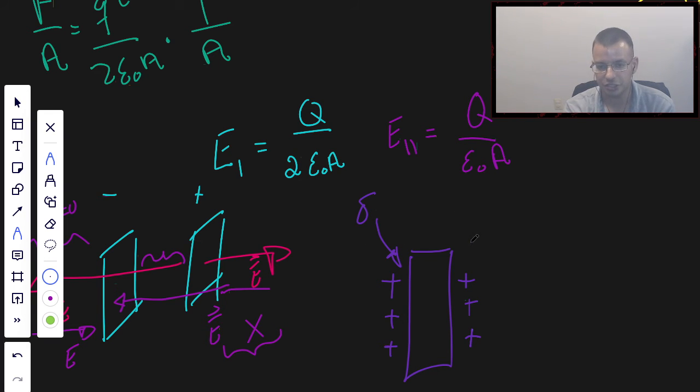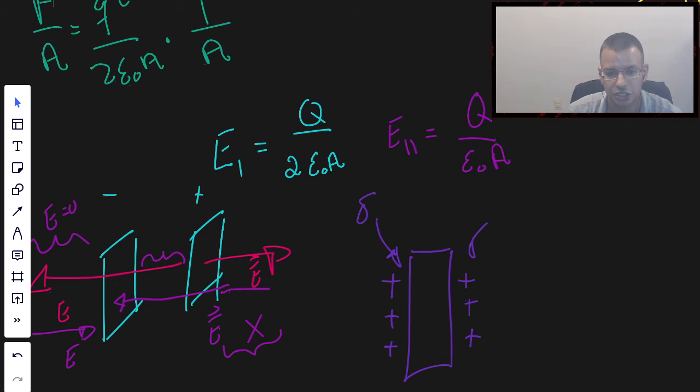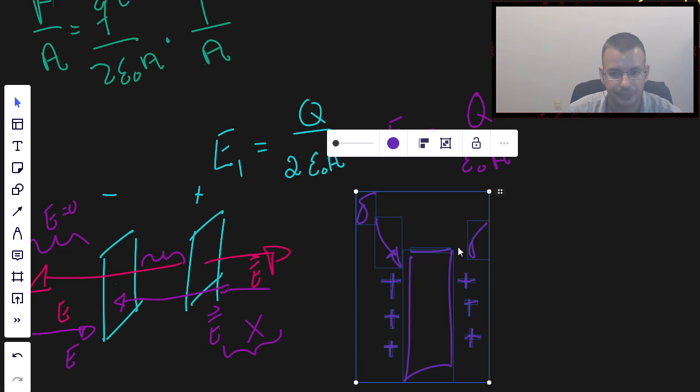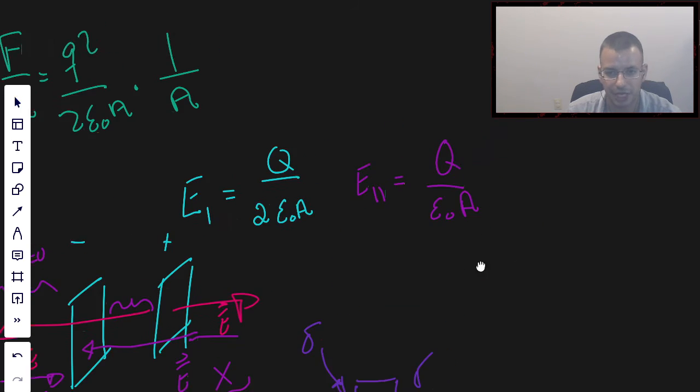Well, if it's a conductor, you're going to have the same surface charge density on the other side, and you have to treat this as 2 separate planes, which is why you use Q over epsilon naught A and not have that 2 to divide it by. So that's just something to keep in mind.